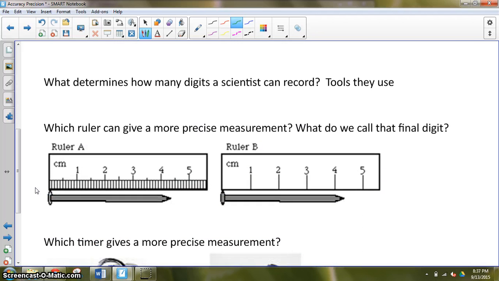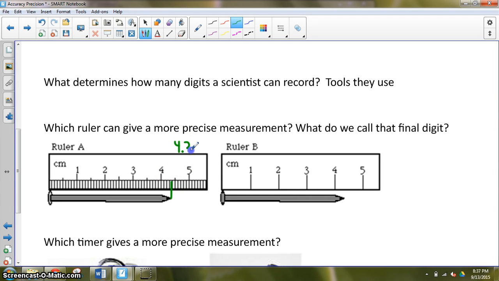Take a look at these two rulers. Notice that the hash marks are different. If we wanted to make a measurement with this ruler, what the eye can determine is tenths between the hash marks. So if we look here, I'd say this one is 4.3 and something.